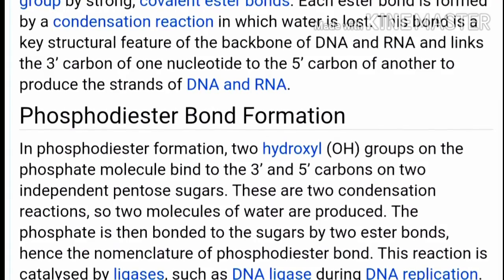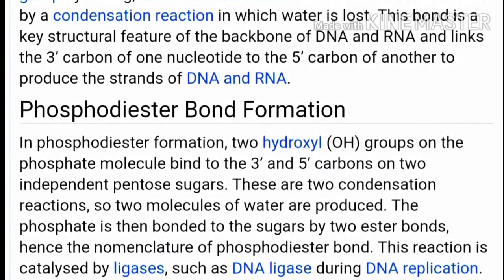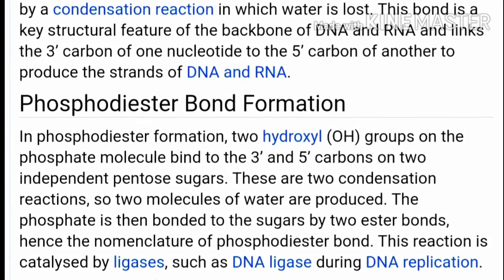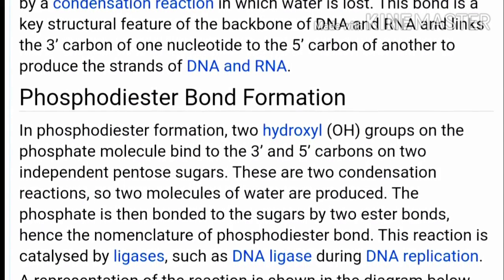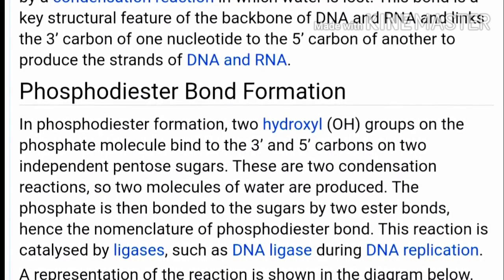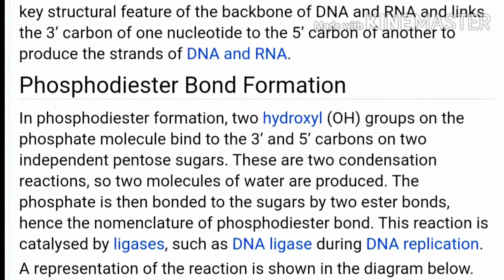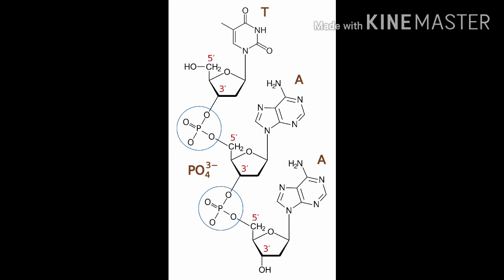The phosphate is then bonded to the sugars by 2 ester bonds. Hence, the nomenclature of phosphodiester bond. This reaction is catalyzed by ligase, such as DNA ligase during DNA replication. This is the process of phosphodiester bond formation.